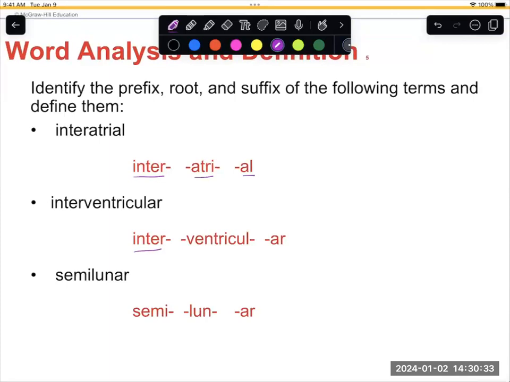Interventricular: inter, between, ventricle, between the ventricles of the heart. Semilunar: semi, prefix, meaning half or part of, lunar meaning moon, like a half moon.